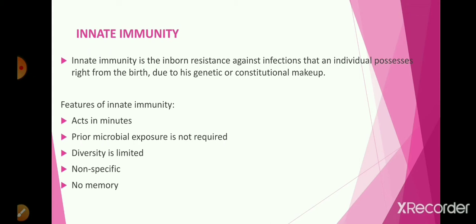But the innate immune system does not have memory against pathogens. Whenever a microorganism invades or gets inside our body system, they just try to kill and eliminate it. So they do not possess memory for the identification of microorganisms.